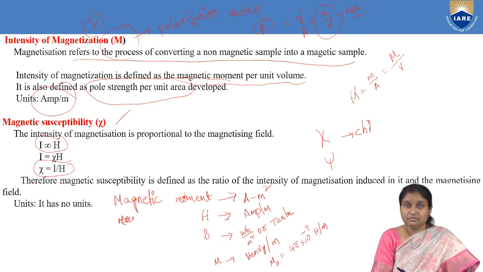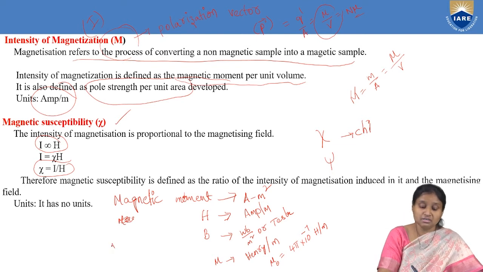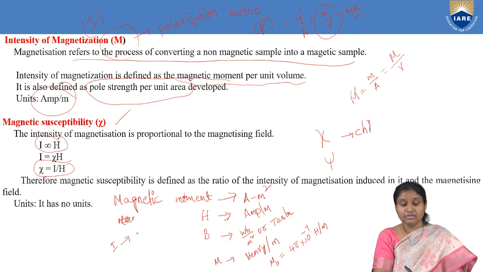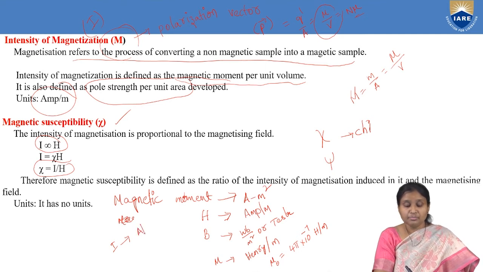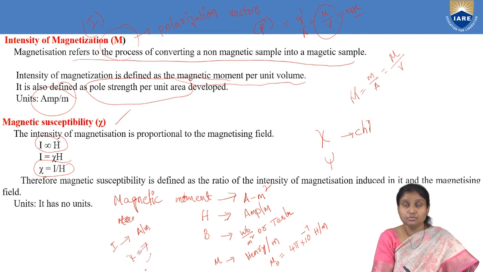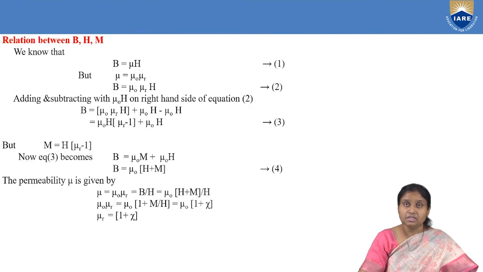Then we discussed intensity of magnetization, whose units are the same as the magnetizing field, ampere per meter. And then we have our susceptibility chi, which has no units. So these are the different definitions related to magnetic materials.